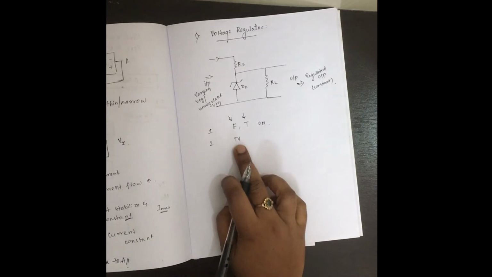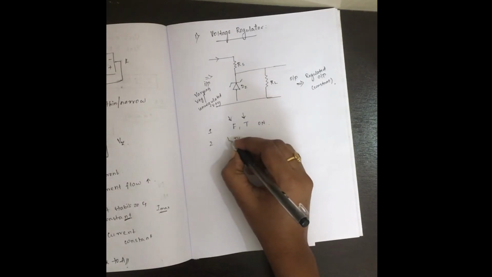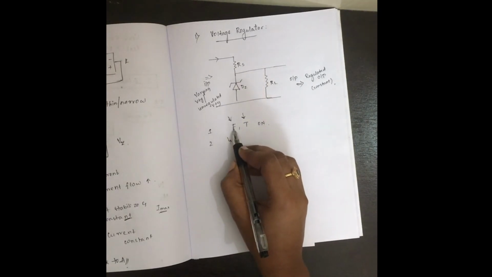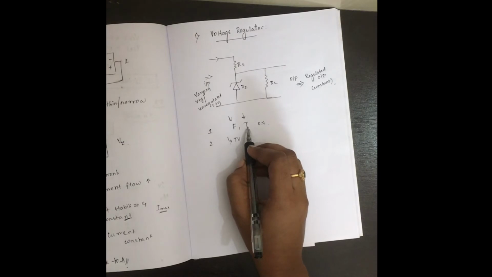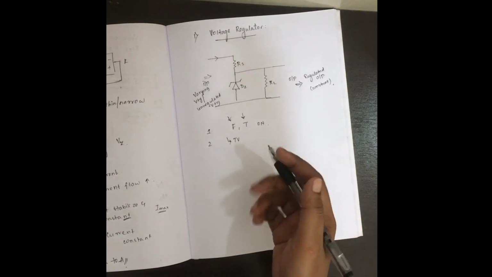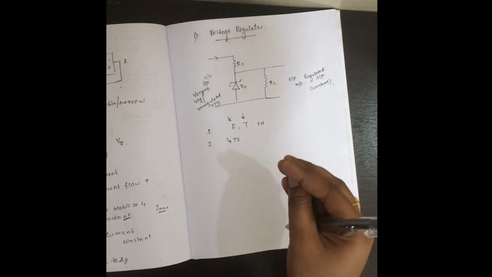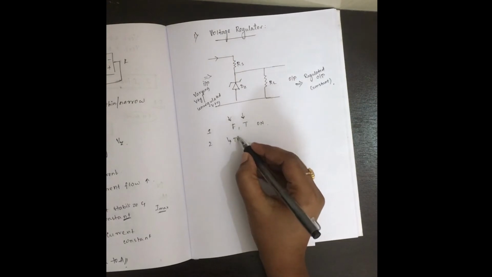So when the TV is turned on and higher supply voltage is given, this fan will start running a bit slow, and the tube light will glow a little less comparatively, because higher voltage is now given to the TV.